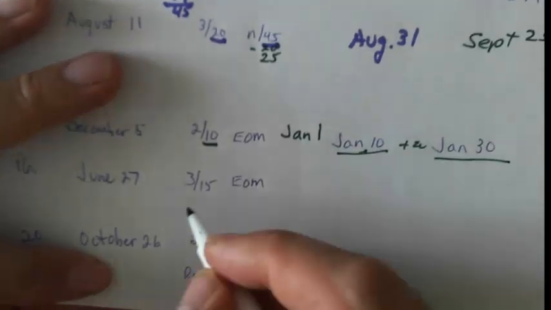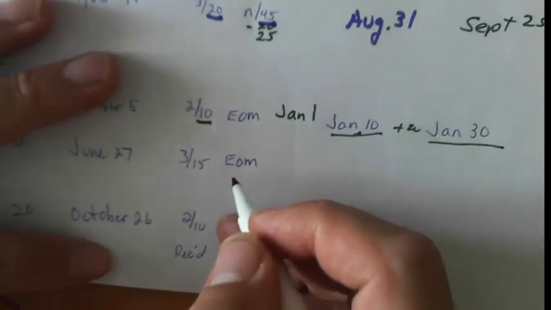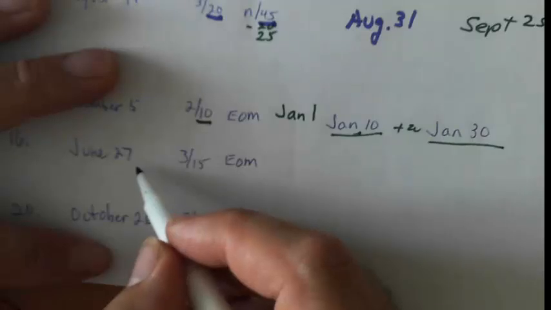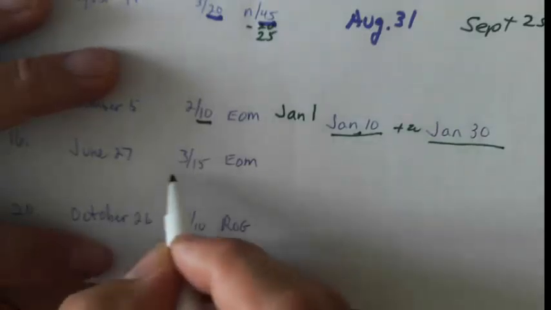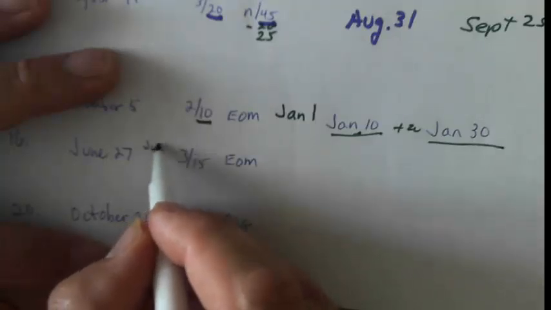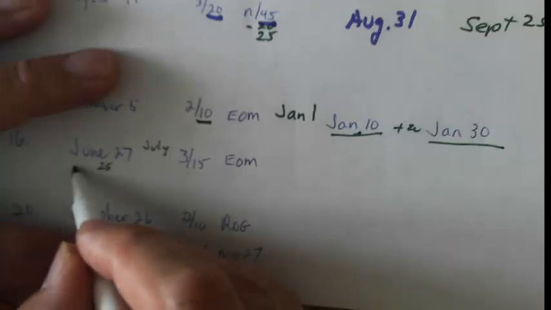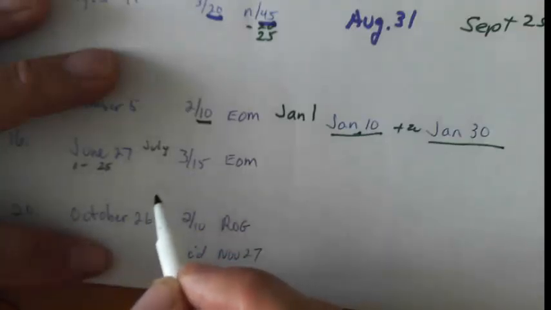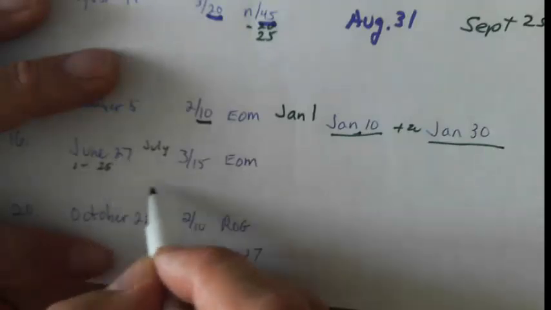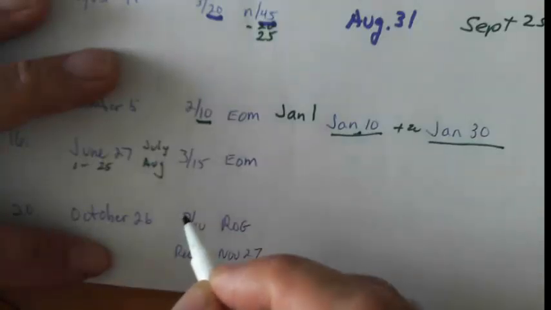Okay, I'm going to do 16 because it's a little tricky because of the vocabulary. When you read the section, I encourage you to read the section and then the vocabulary. Remember, end of month means it starts the next month, so that would start in July. But because it's after the 25th, that rule only applies to invoices dated in the first 25 days. If it's after the 25th, you get an additional month, so it doesn't even start until the 1st of August.